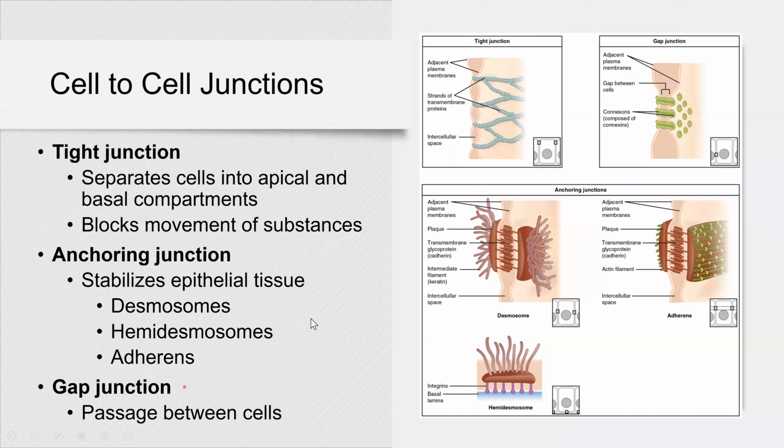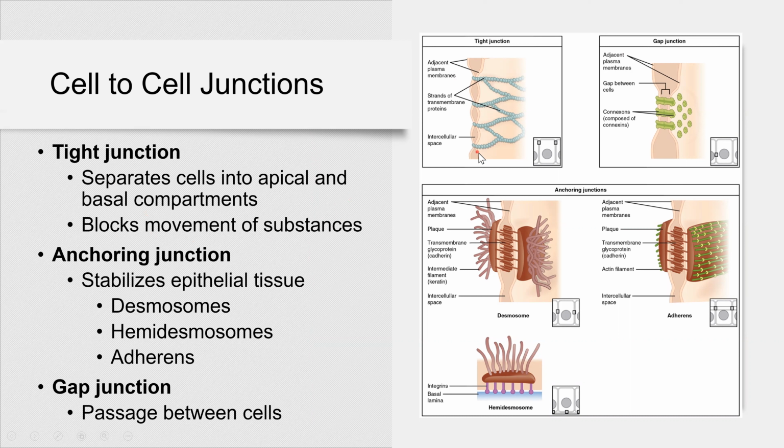So we just mentioned that there are junctions between epithelial cells. We have three major types of junction: tight junctions, then anchoring junctions, and gap junctions. Tight junctions separate cells into apical and basal compartments and block movement of substances.